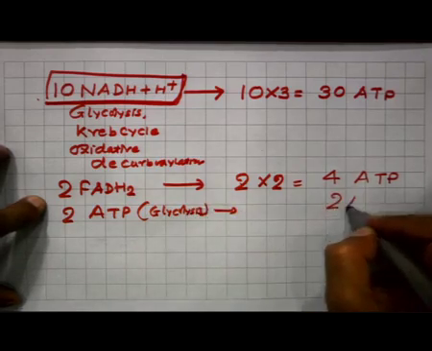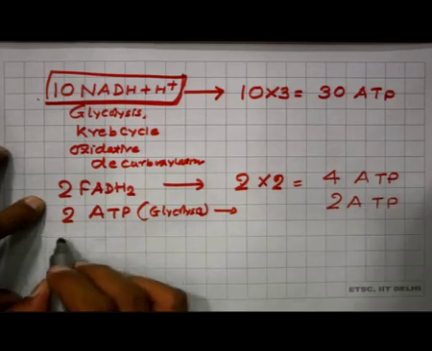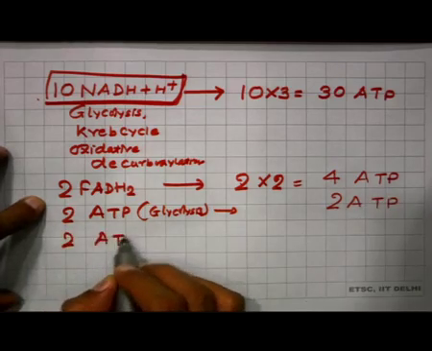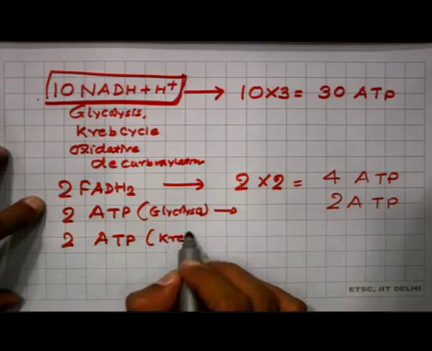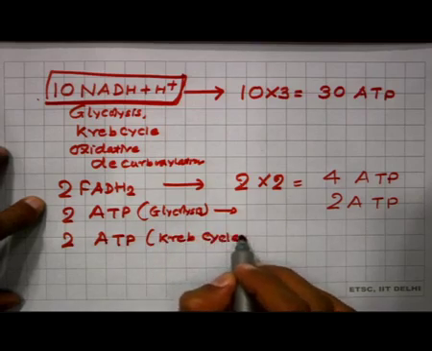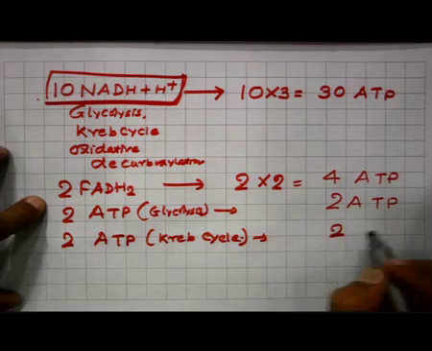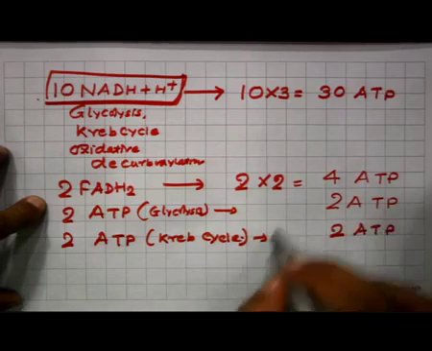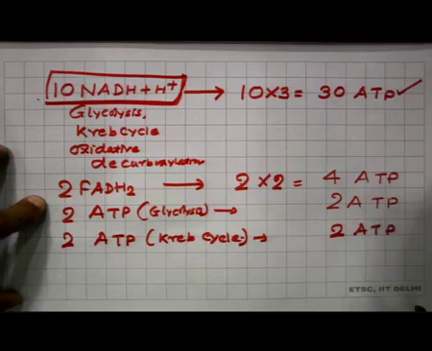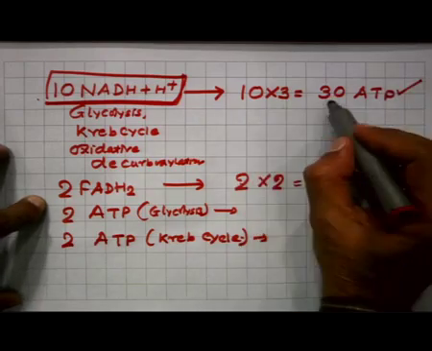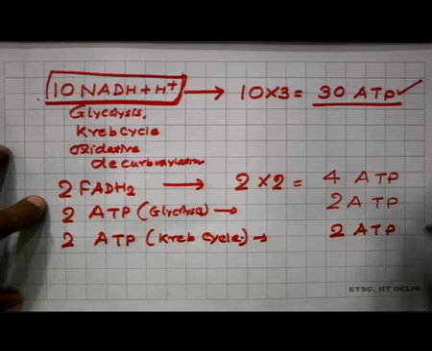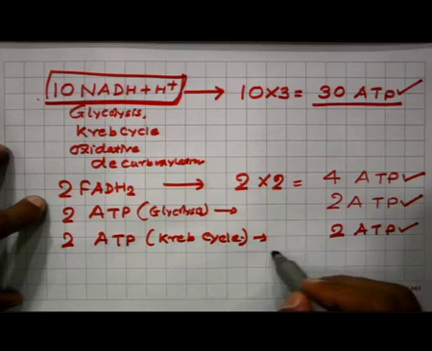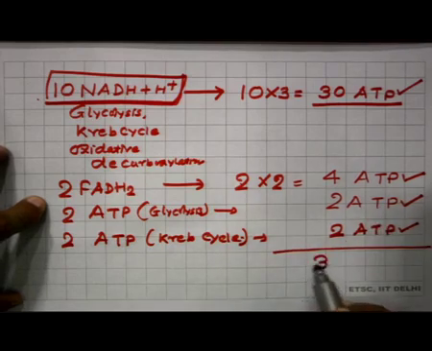So, 2 ATP at glycolysis, and 2 ATP are directly formed in Krebs cycle. So, this is the different steps where ATP is formed. This 30 ATP from NADH plus H plus, this 4 ATP from FADH2, this 2 ATP from glycolysis, this 2 ATP from the Krebs cycle. So, total is 38 ATP.